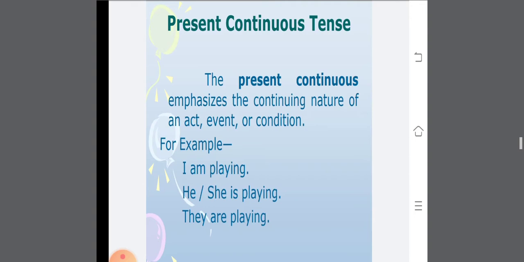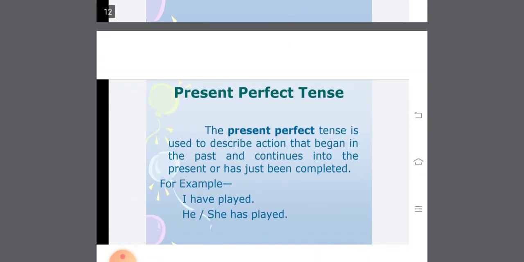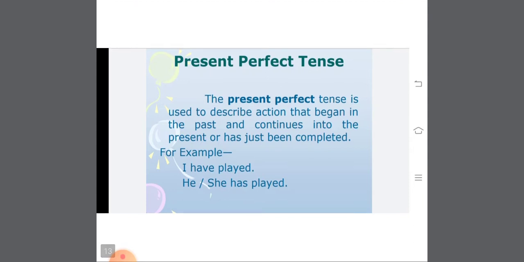So the present perfect tense is important to understand. The present perfect we must understand, and I will discuss all these tenses in contrast. Some tenses are very confusing, so we'll see that. The present perfect tense is used to describe an action that began in the past and continues into the present or has just been completed.